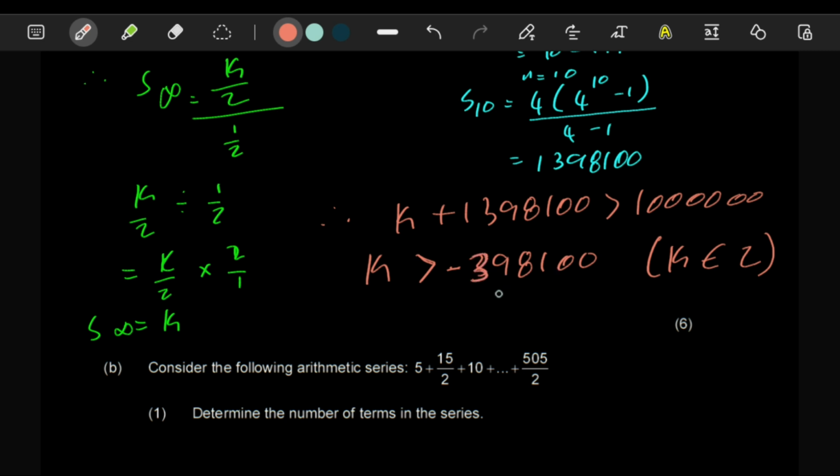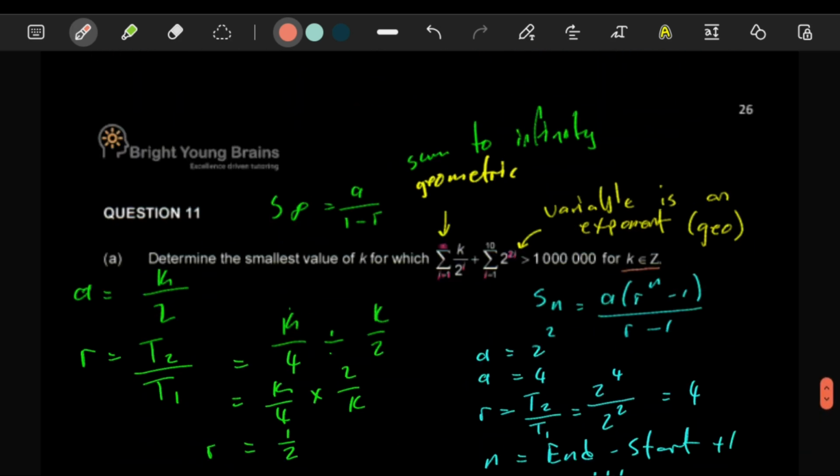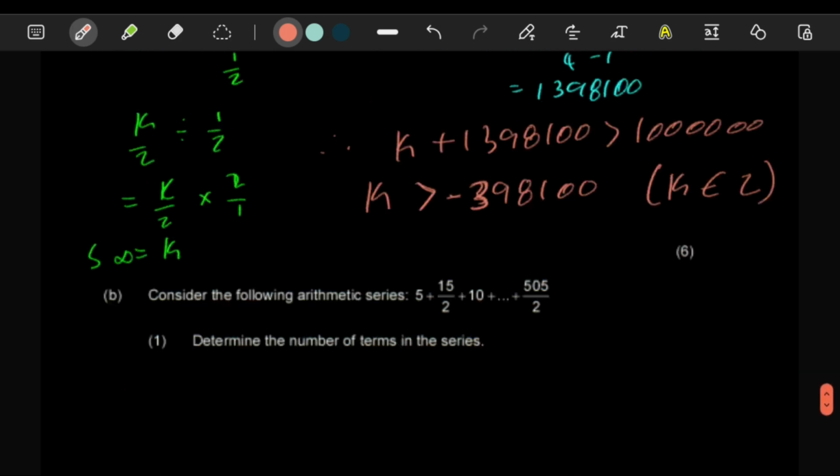It can be like, let's say, negative 300,000 point something something. That's not true, because we have to make sure that we specify that k is bigger than this, yes, but k should only consider values that are complete and not values that have any decimals. That's why this is important for you to get the entire 6 marks.